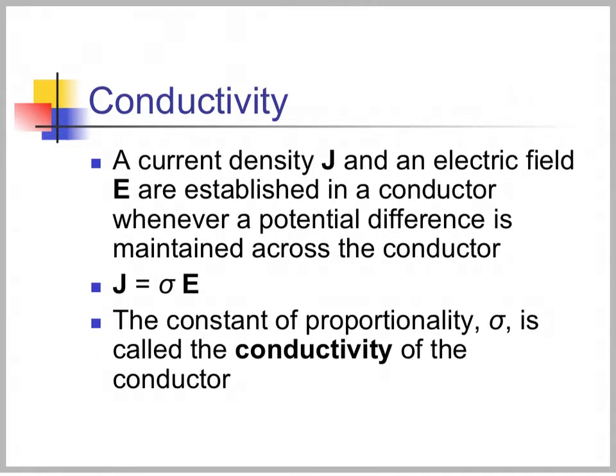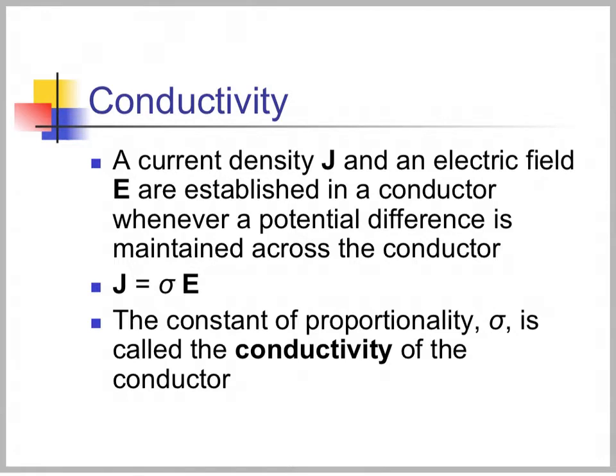It's a vector quantity. A current density J and an electric field E are established in a conductor whenever a potential difference is maintained across the conductor. The current density J is equal to sigma E. Now this sigma is called the conductivity of the conductor.